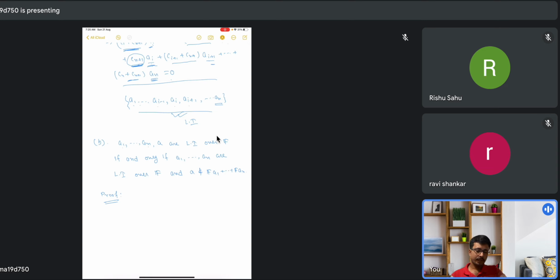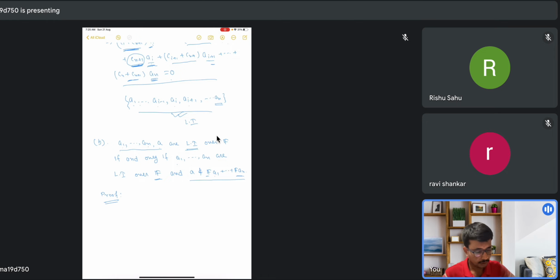A1 up to n and A, a total of n plus 1 elements, are linearly independent over F if and only if A1 up to n are linearly independent over F and A does not belong to this collection. We multiply all elements of F by A1, and this is also similar, then we add this one.